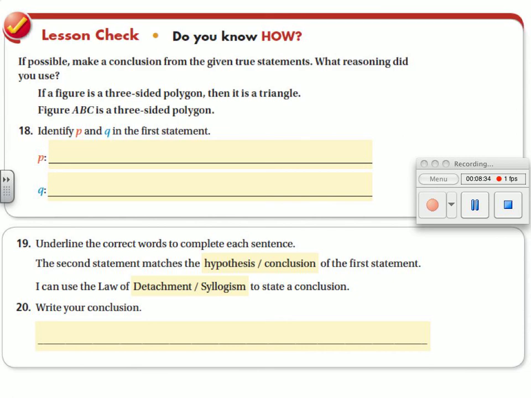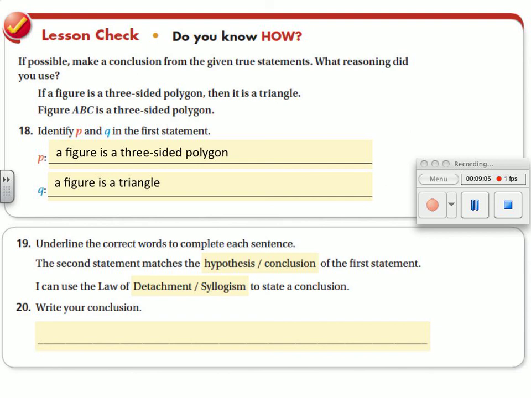So let's check our lesson that we did today. If possible, make a conclusion from the given true statements and state what reasoning you used. If a figure is a 3-sided polygon, then it is a triangle. Figure ABC is a 3-sided polygon. So our P statement is a figure is a 3-sided polygon, and our Q statement is it is a triangle. We're going to underline the correct words to complete each sentence.